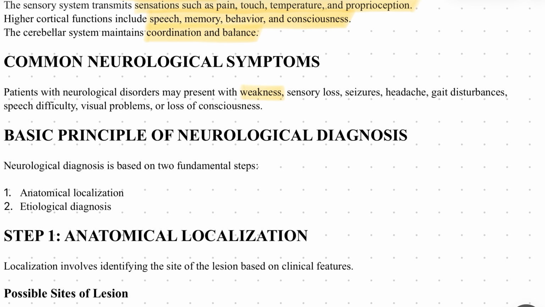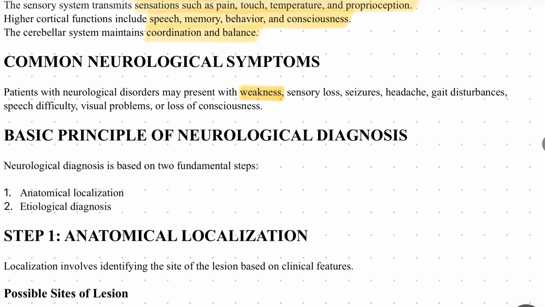Then common neurological symptoms. A patient with a neurological disorder may present with weakness. This is the most common symptom patients come with in your casualty. He'll be walking normally yesterday, but after sleeping at night, in the morning he'll feel some weakness and neglect it sometimes. The patient may come to casualty after 3 to 4 days, when it will be very late to treat.